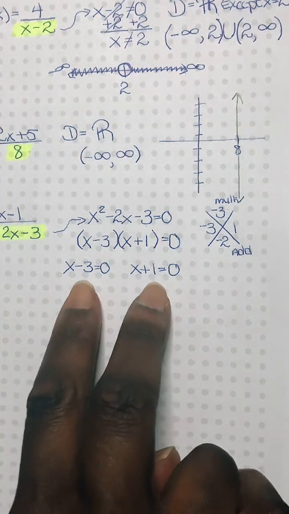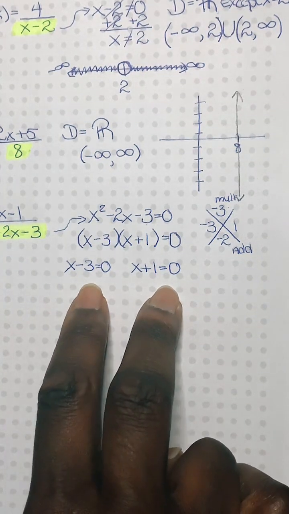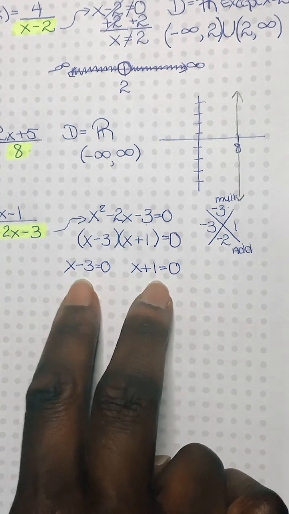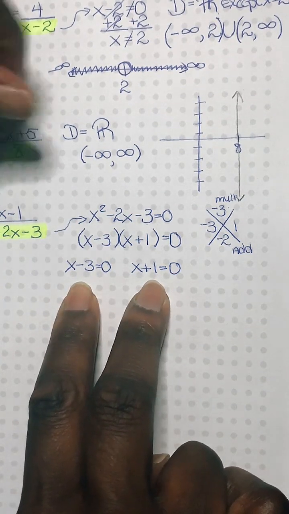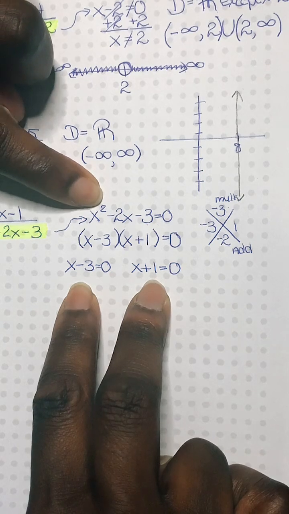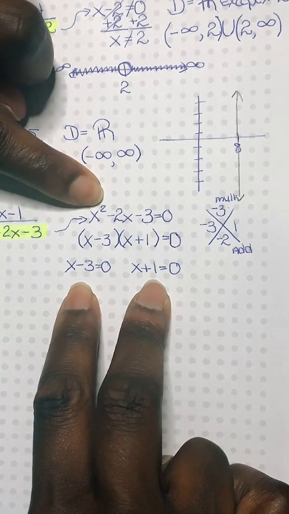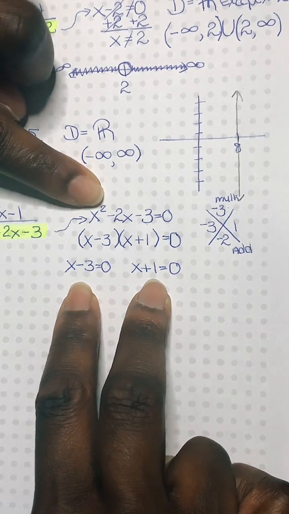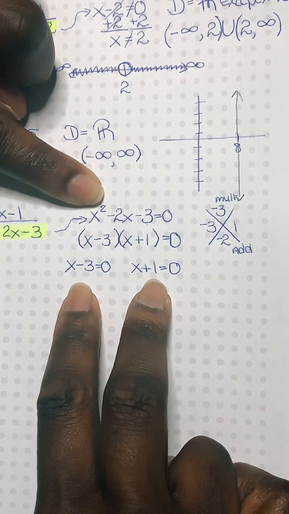So we're going to get 2 answers. And I knew we were going to have 2 answers before we got started because of the square. The highest exponent tells you how many solutions you're supposed to have.